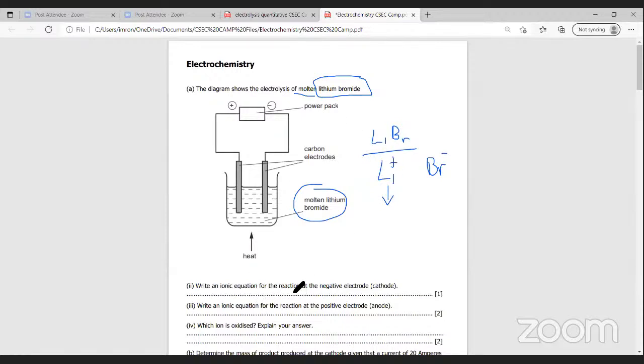So at the cathode, the lithium ion, Li plus, will gain electrons to form lithium metal, and it will be in the liquid state.